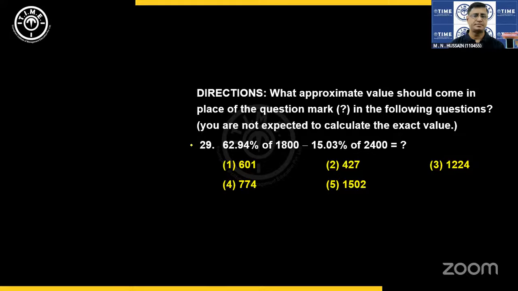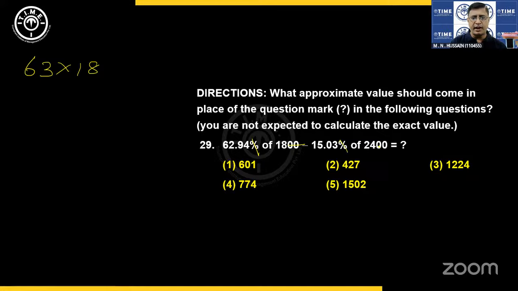Next. What approximate value should come in place of question mark? In the following example, you need not find out the exact value, just simplify. 63% of 1800. 62.9, that is approximately 63%. So 63 into 18. Here I am considering the percentage and zeros. 15% approximately. 15.03 means 15%.